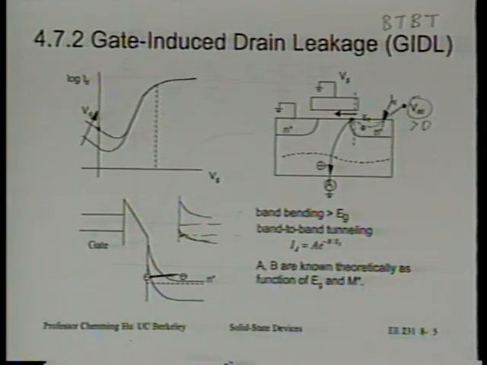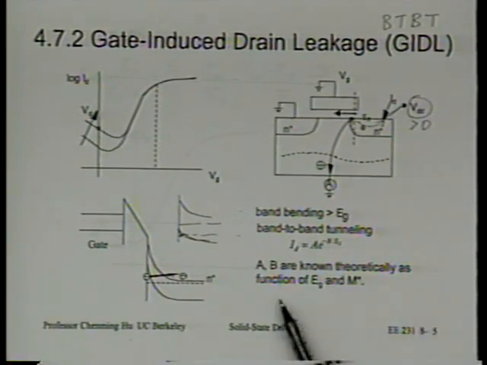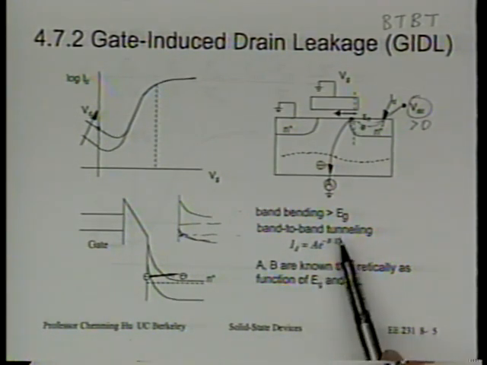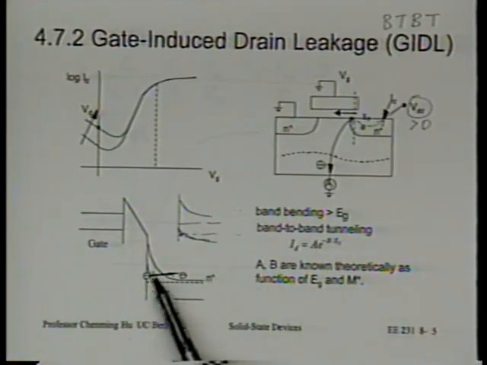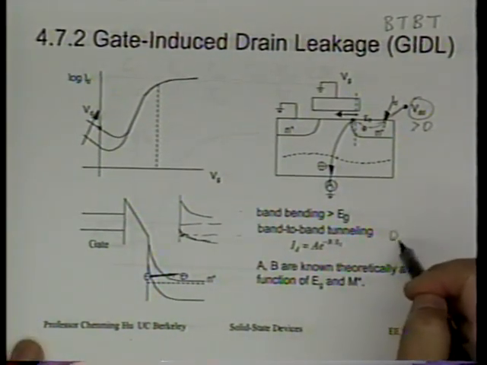That's the remaining question. But before I show that to you, why don't you think about it, all right? So A and B are already known theoretically as a function of E, G, and M. So the only question is ES, the electric field near the surface, at the surface. How would you determine that? Now, if you start thinking about Q depletion over epsilon, that's very good.